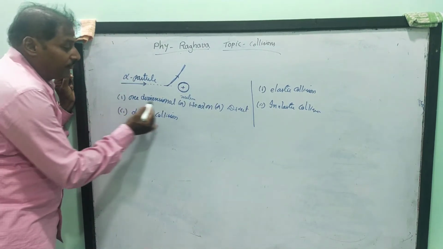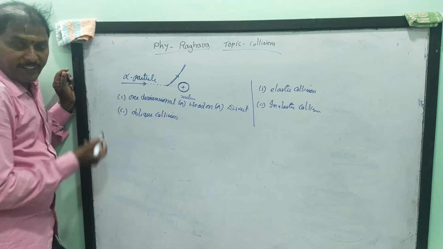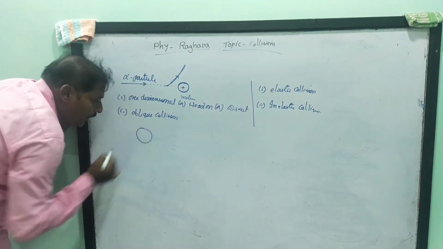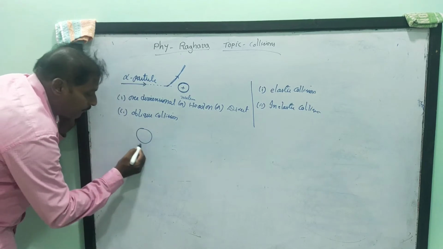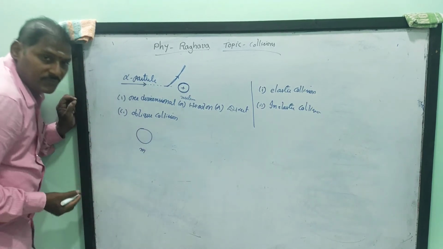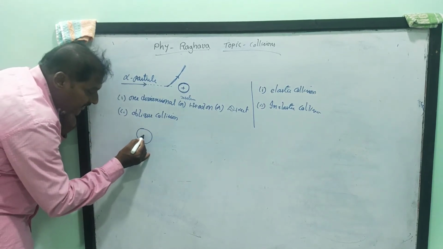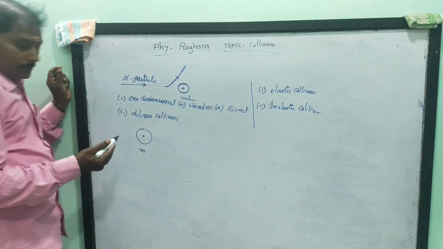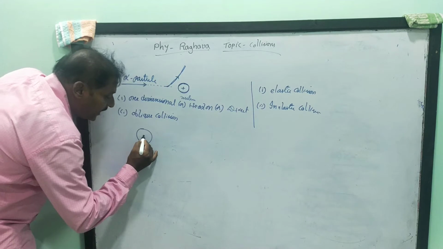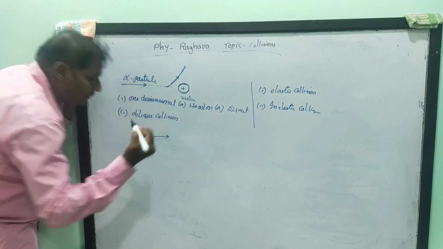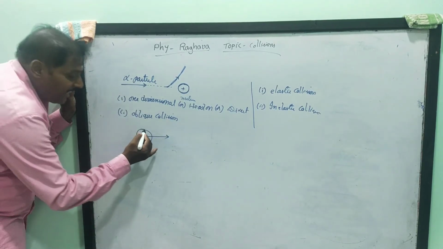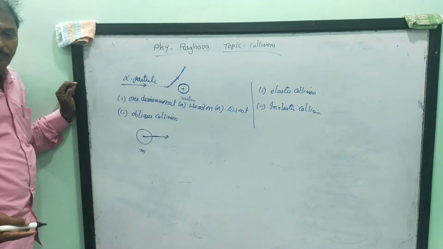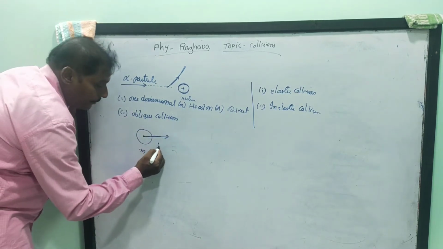For the clarification of one-dimensional collision, consider first a body of mass m, whose center of mass is at its center. The line of motion of the body is taken in a direction with a speed u.